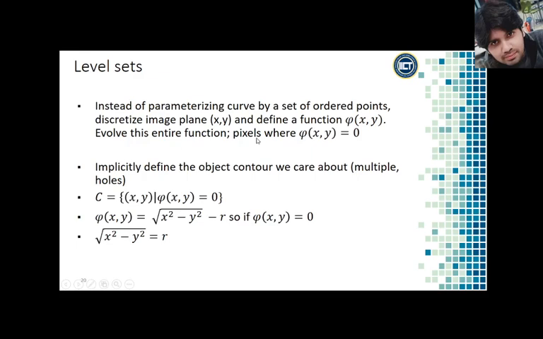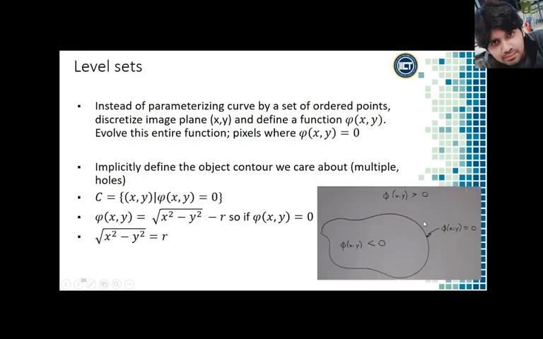Now in this case, what we want to do is check whether our point is on this curve, then it will be 0, and if it lies inside the region, it will be less than 0. If it lies outside the region, it is greater than 0. So all it does is assign the signed distance function. I will not talk about that in detail, but I will just explain the intuition behind it.